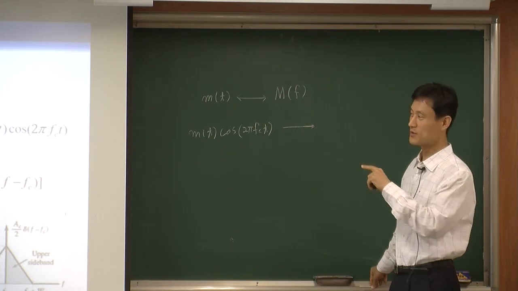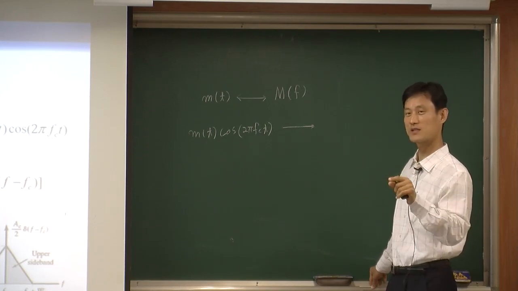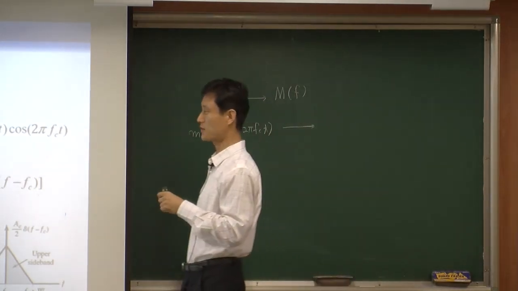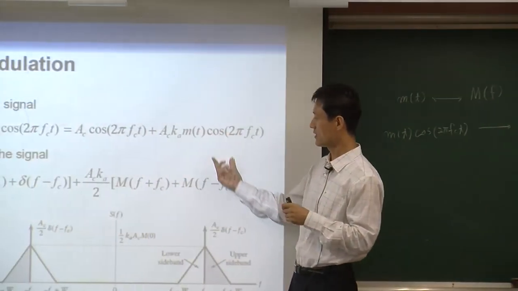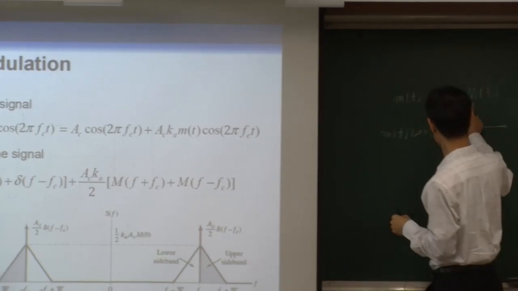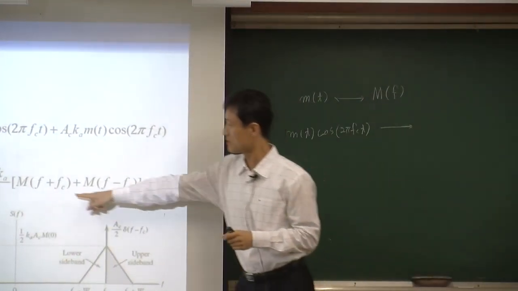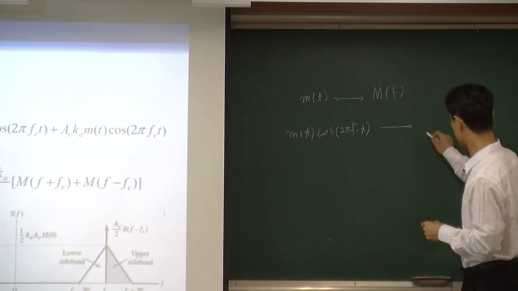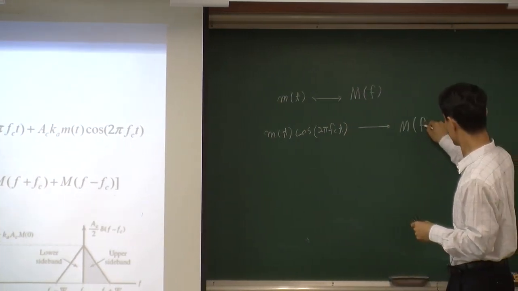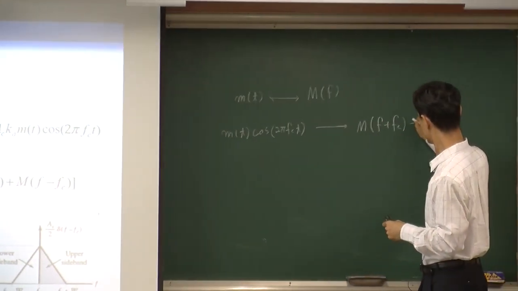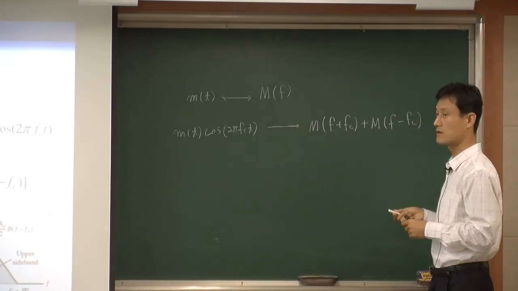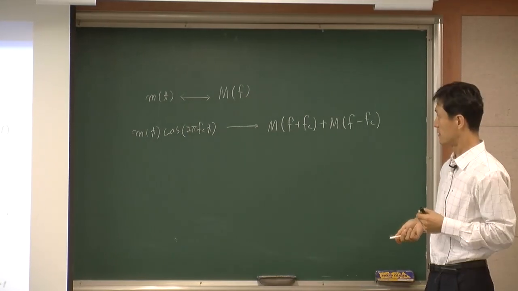If you are not comfortable with this, go back to the last week lecture note and take a look at the modulation property. When you multiply cosine, then this M(f) becomes this. That's the modulation property, right?